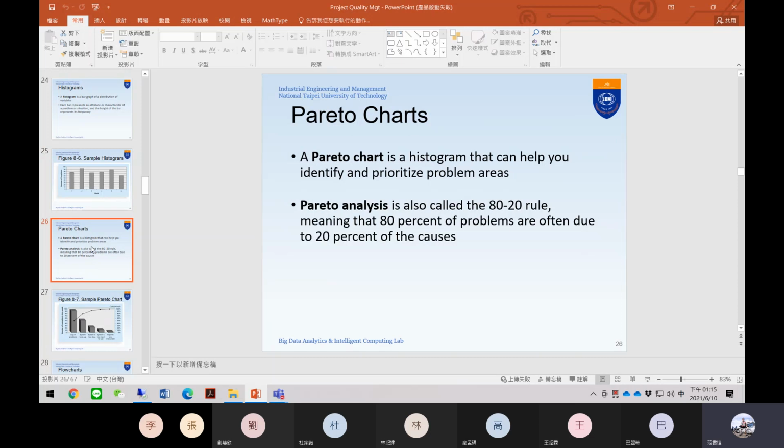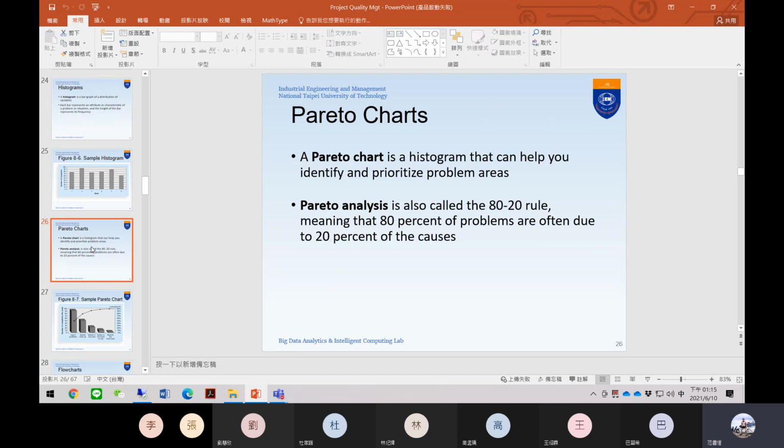Then the Pareto, I think most of you already know very well. The Pareto chart is also a kind of histogram, and it can help you identify and prioritize problem areas.